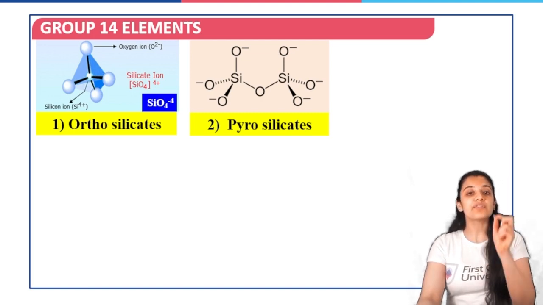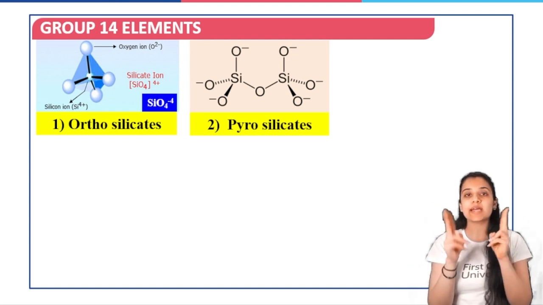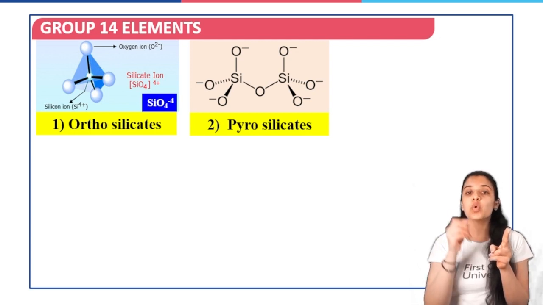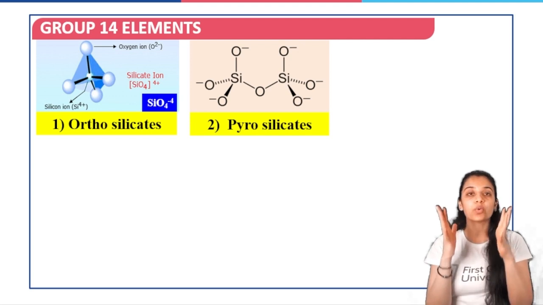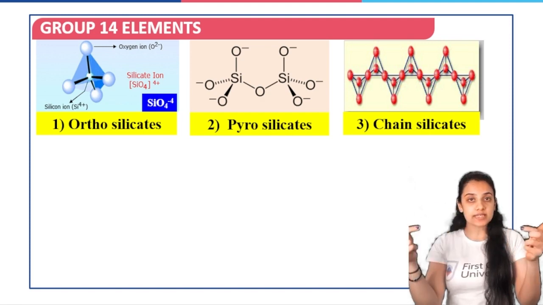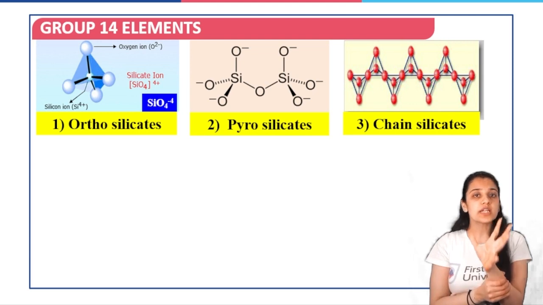But when one oxygen atom is shared between two SiO4 4 minus units, giving an Si2O7 6 minus charge, that is called pyrosilicates. When it is just two SiO4 4 minus units sharing one oxygen, it is pyrosilicate.